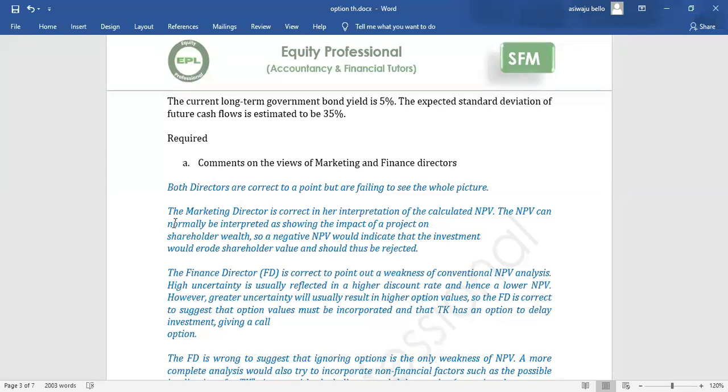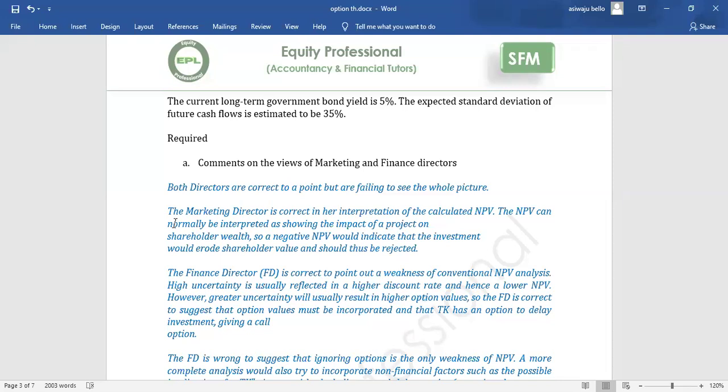The next paragraph. The finance director is correct to point out a limitation or weakness of the conventional net present value analysis. High uncertainty is usually reflected in higher discount rates and hence lower NPV.